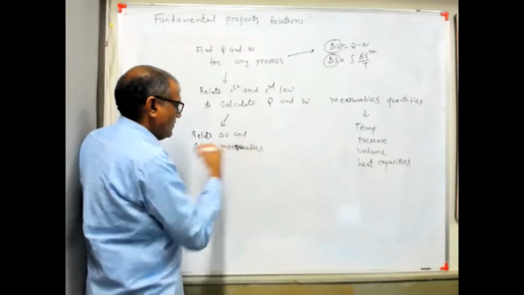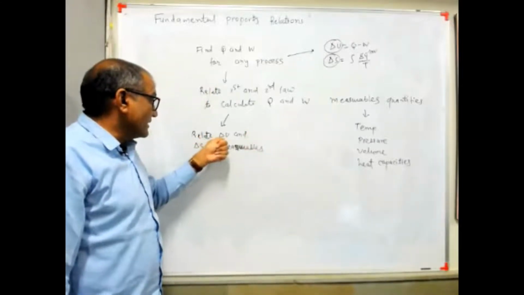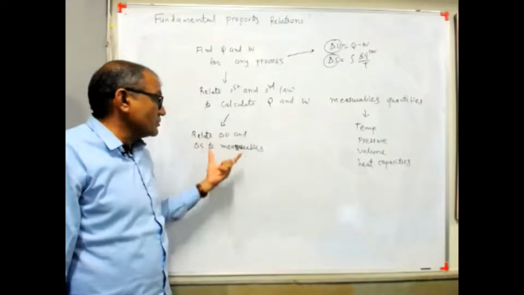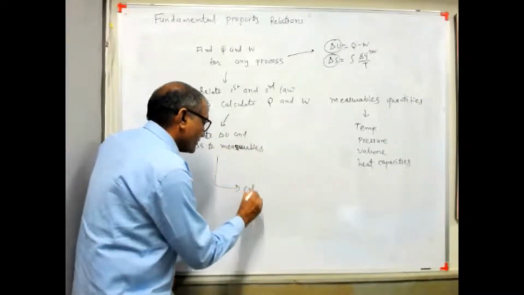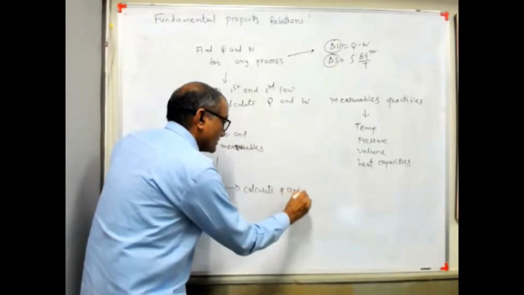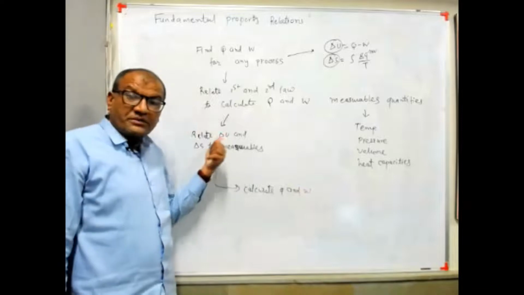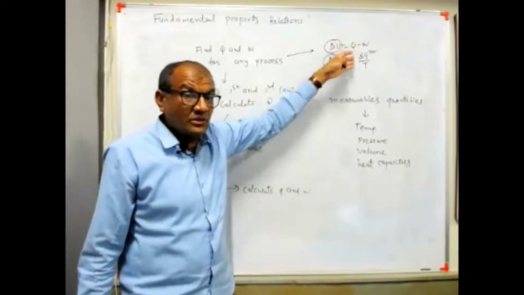That is one option. If you have an equation, you can just relate delta U and delta S to measurable quantities, and then calculate Q and W. Because if you know the values of delta U and delta S, then you can calculate Q and W using these two equations.